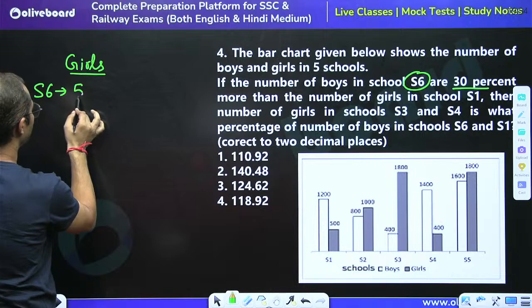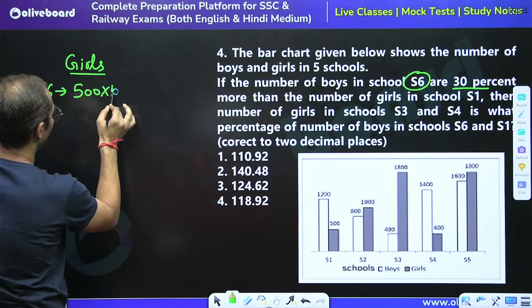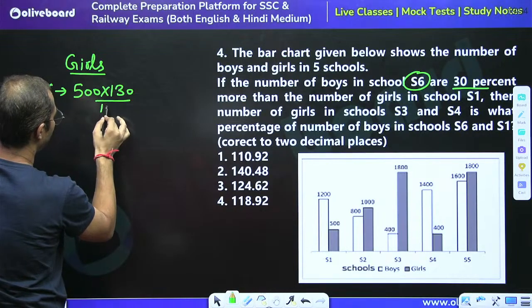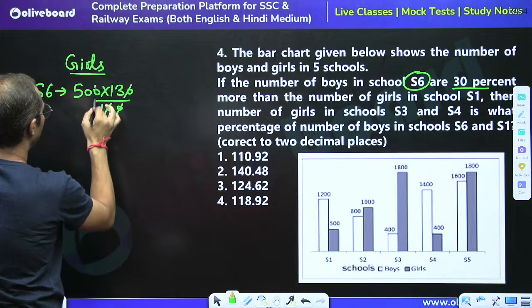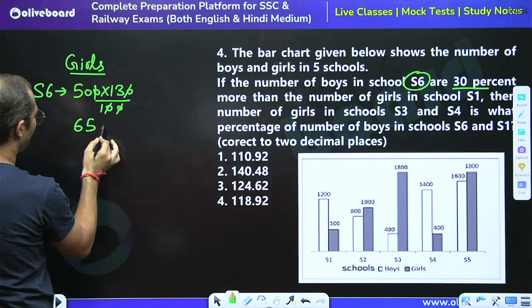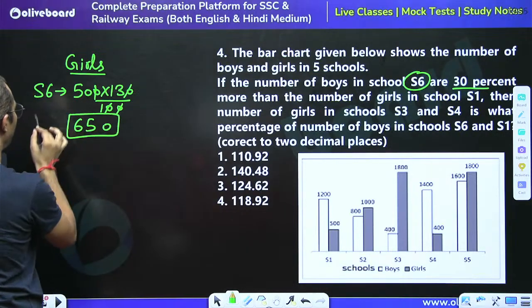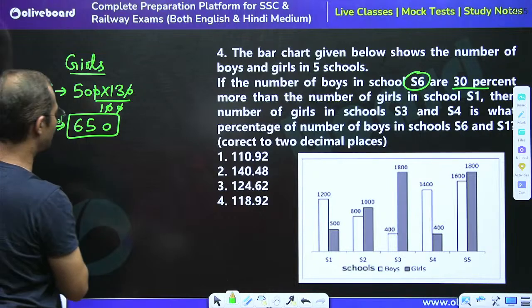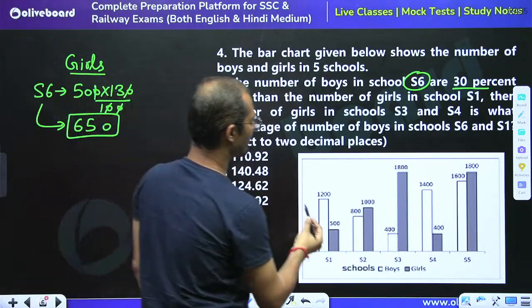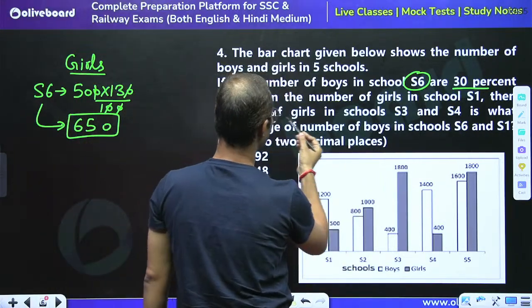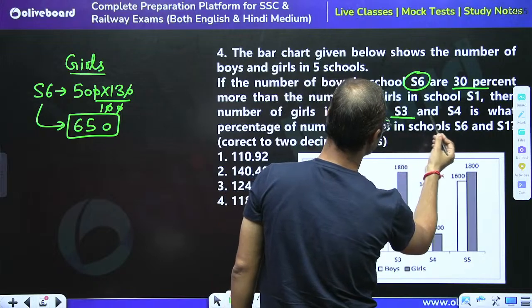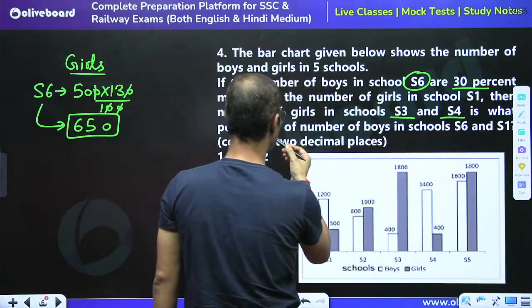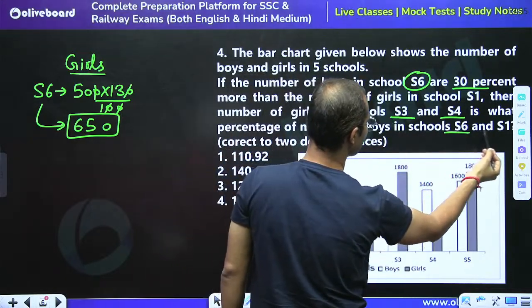30% more means it becomes 130%, right? After solving this we will get 650, so the number of boys in S6 is 650. Now the question is saying, the number of girls in schools S3 and S4 are what percent of the number of boys in S6 and S1?